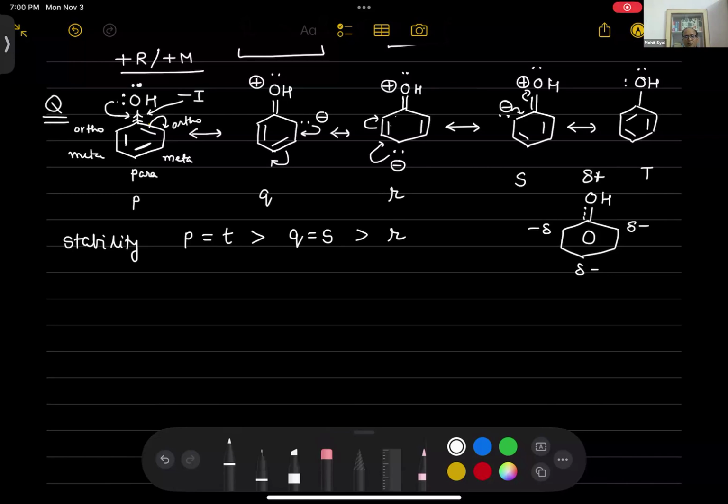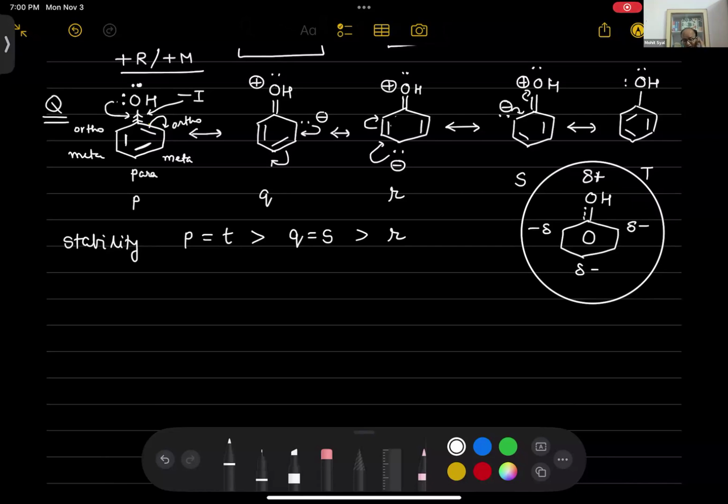So this is the order of stability of the resonance structures. But which is the actual structure? Is it P, Q, R, S, or T? What will you say? No, the actual structure will be the hybrid of all these structures, because it is resonance happening, right?